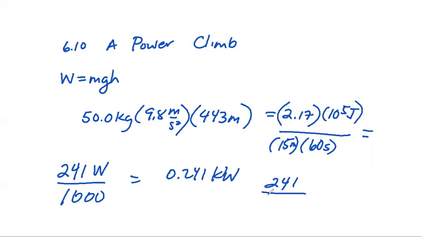Oh, wait a minute, no. 1 horsepower is 746 watts, so 241 divided by 746 equals 0.323 horsepower. There you have it.